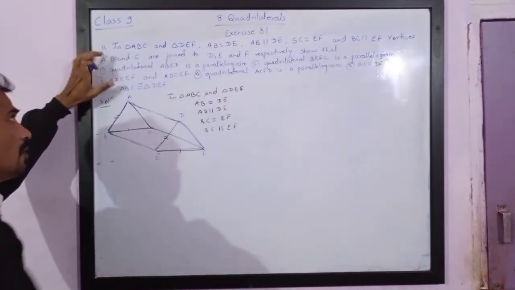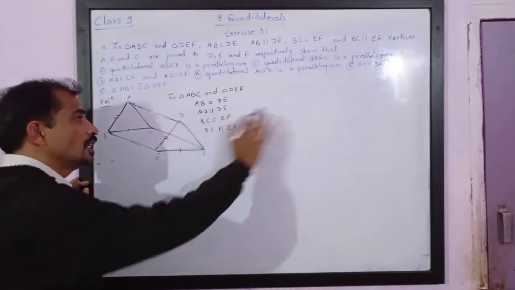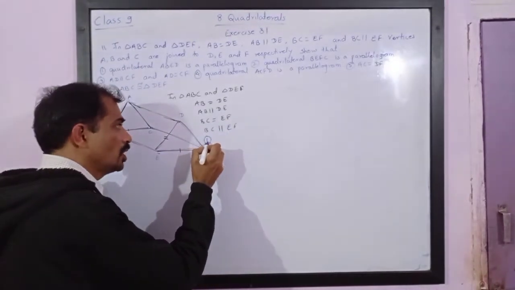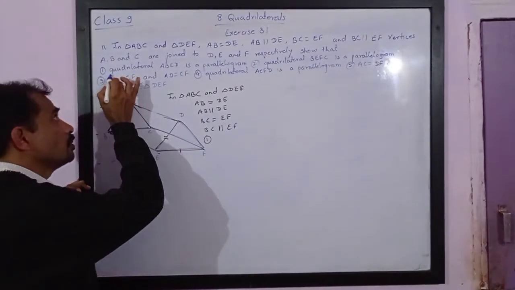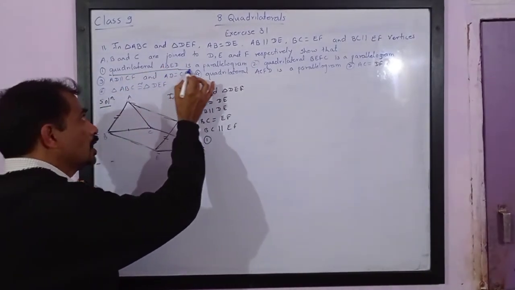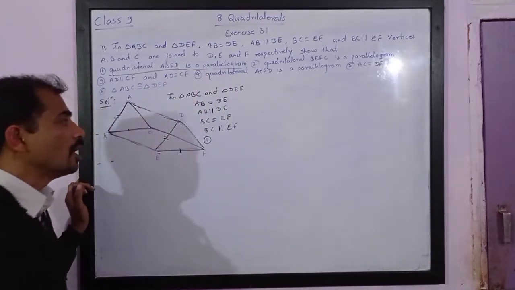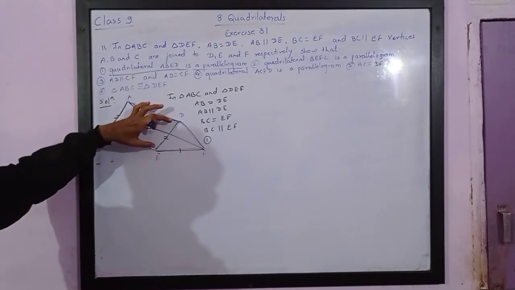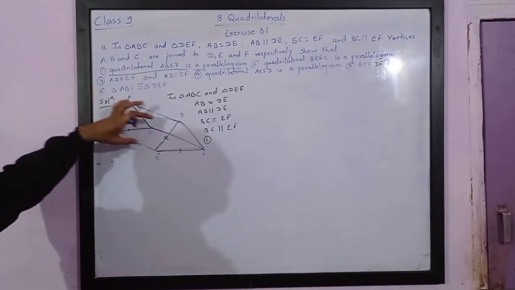First thing we have to show. Now I am not writing what we have to show because it occupies more space, so I am going to write directly per number. Please note this one corresponds to this one. We have to show quadrilateral ABED is a parallelogram. For this, we have got AB equals DE and AB parallel to DE.